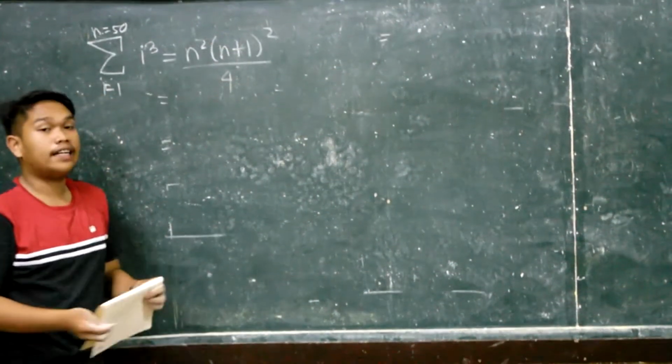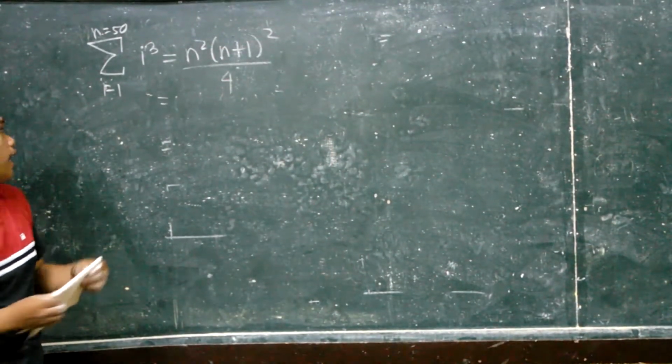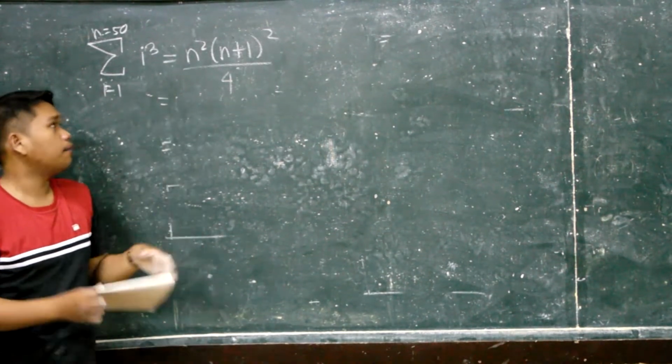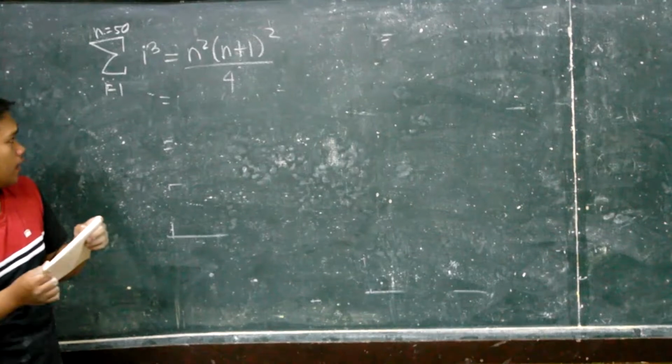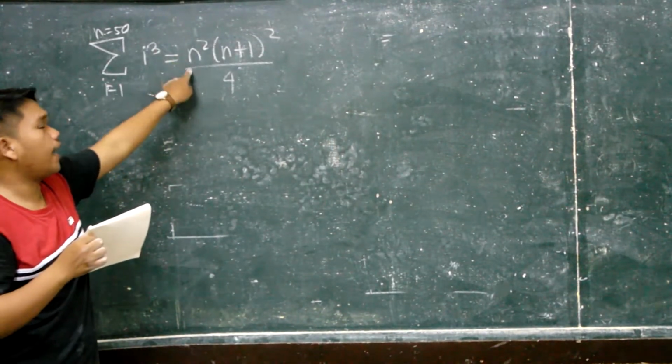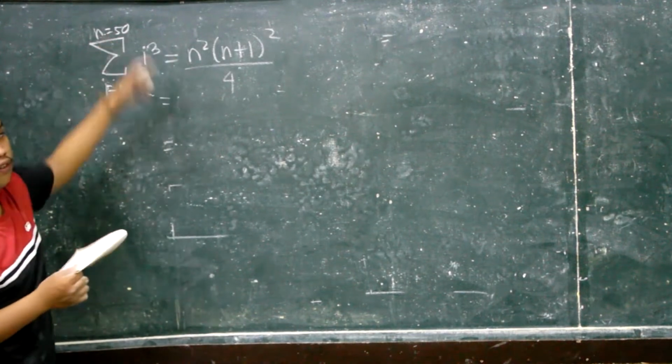So we have an example with an exponent of 3. When it's cubic, the formula is n² times (n+1)² all over 4. As with the previous example, we are going to substitute n with its value, 50.